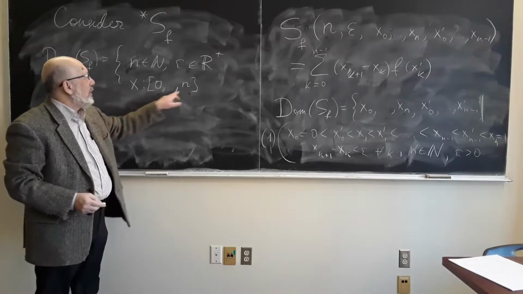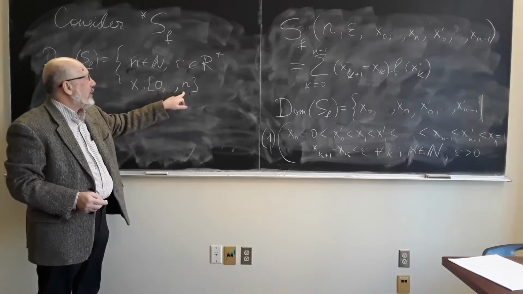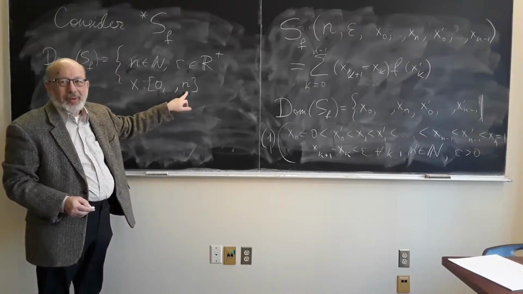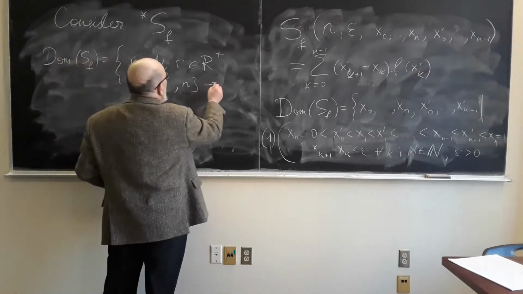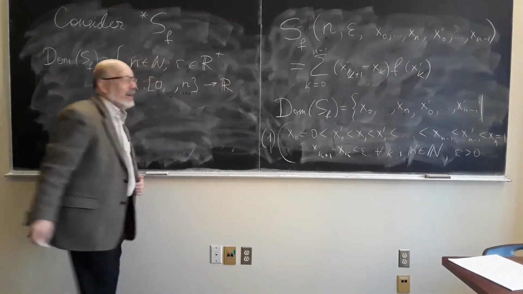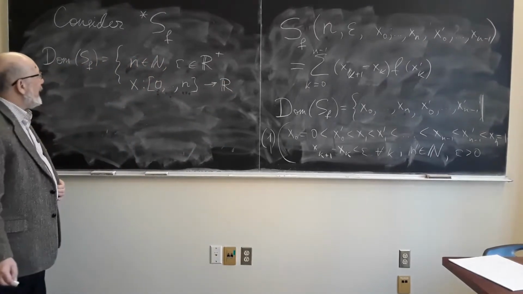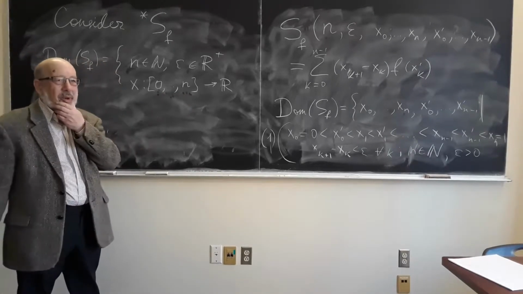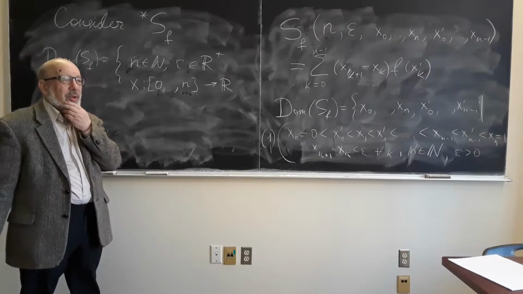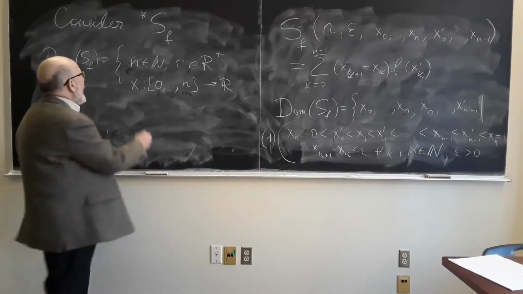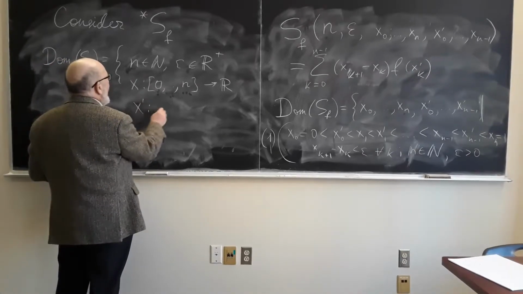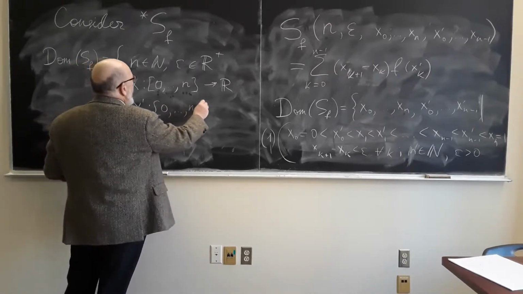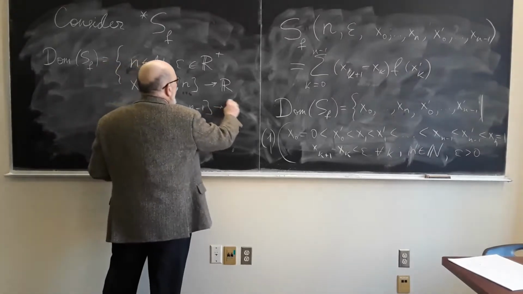This notation means all the integer numbers between 0 and n, including 0 and n, to R. So this is a function from some initial segment of natural numbers into real numbers. And x prime is from 0 to n minus 1, again to R.